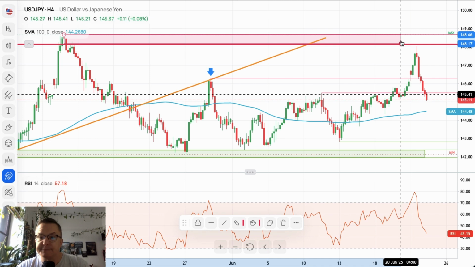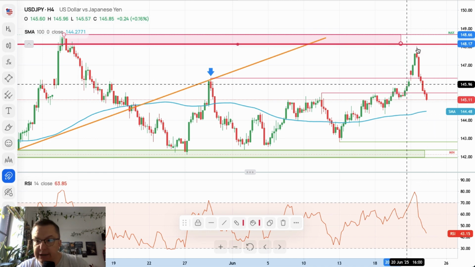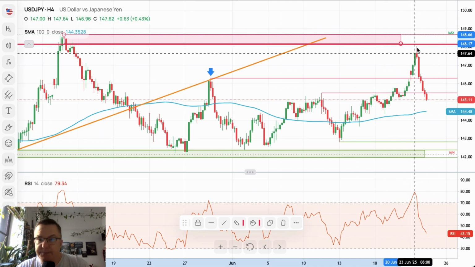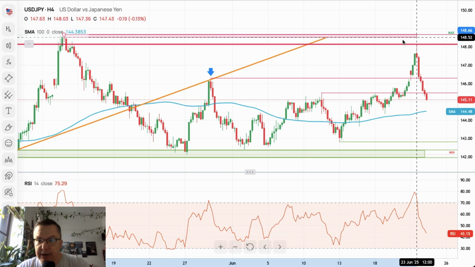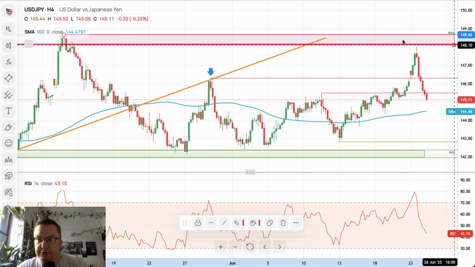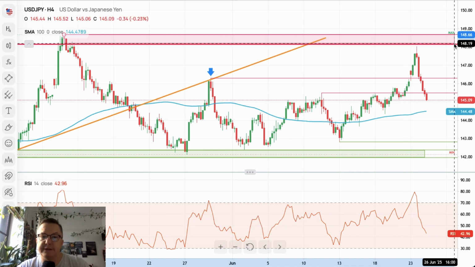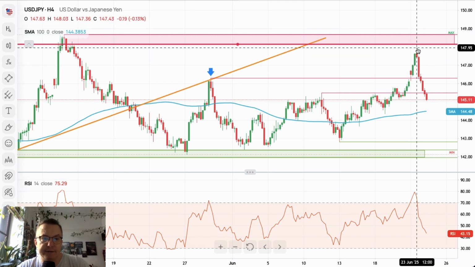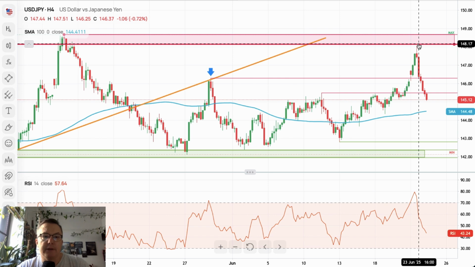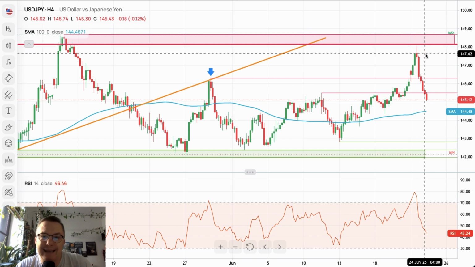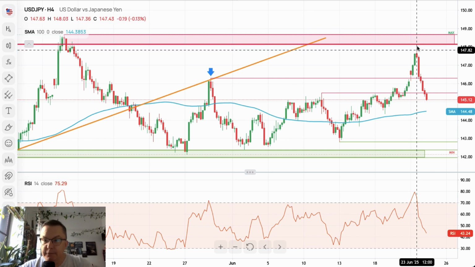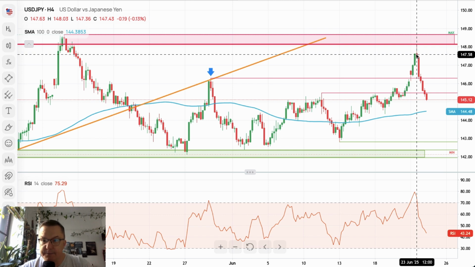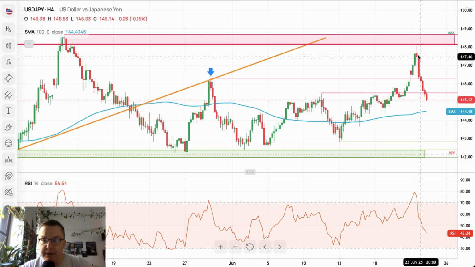Again, we almost hit our supply zone. Let me just move my rectangle. There you go. We almost hit this. Possibly 148.03 is the high, and the supply zone was 148.17, so like a 10 pips miss. And then a very negative candlestick pattern.